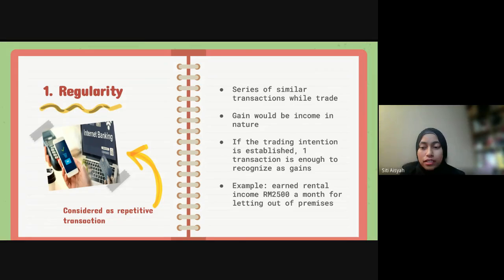However, where trading intention is clearly established, one transaction is enough to recognize it as a gain, so there is no need to show repetitive transactions as evidence of trade. For example, Company A received rental income of 2,500 a month for letting out premises. This amount was recognized as income and will be subject to tax. Next, I will pass to Afifa.